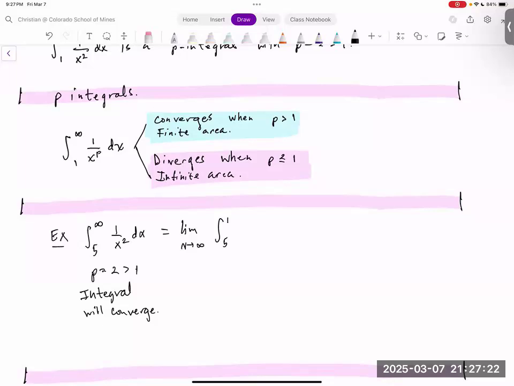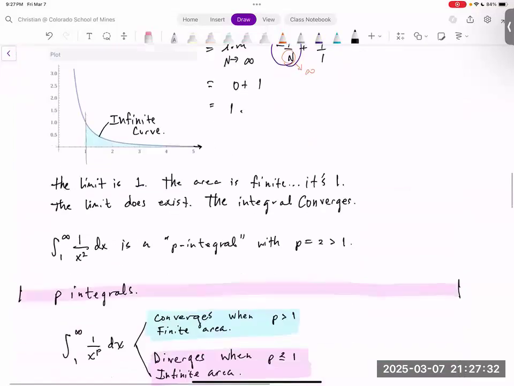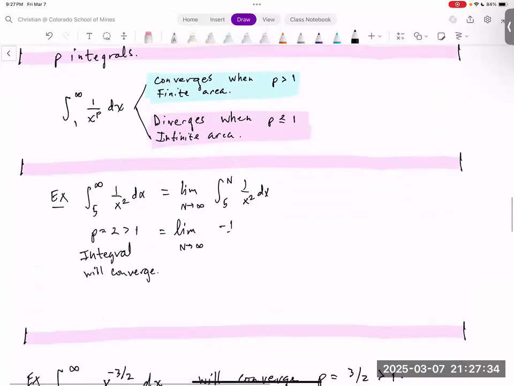So limit, 5 to n, 1 over x squared dx, that antiderivative is going to be the same as before. It was negative 1 over x, from 5 to n. And now let's plug in n, plug in 5. So negative 1 over n plus a fifth. And this first term goes to 0. It's a fixed number over something getting big. And so we get a fifth for our area.